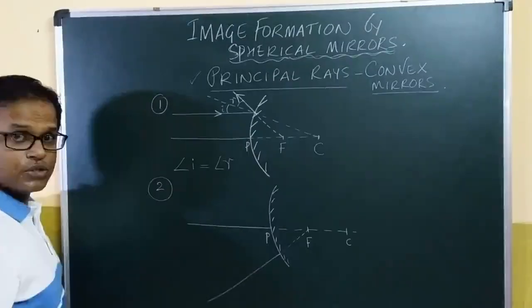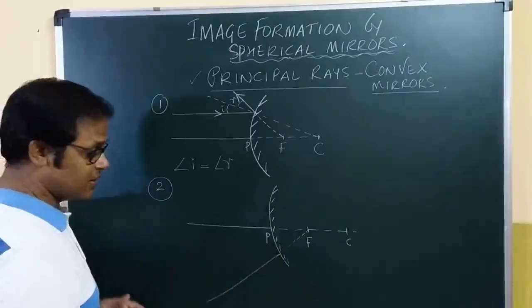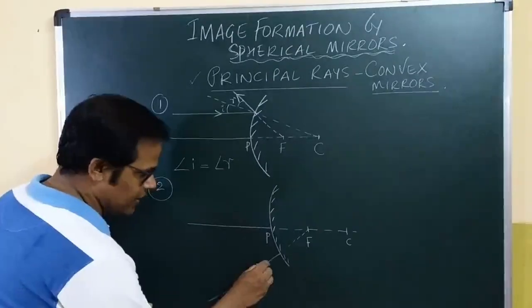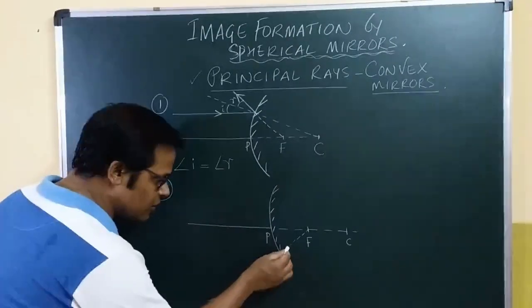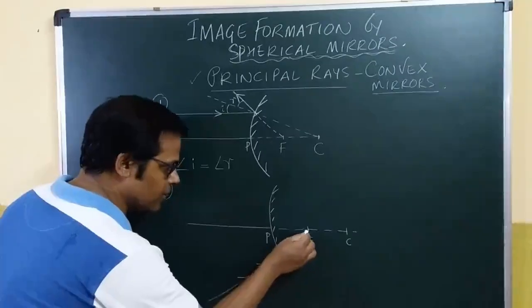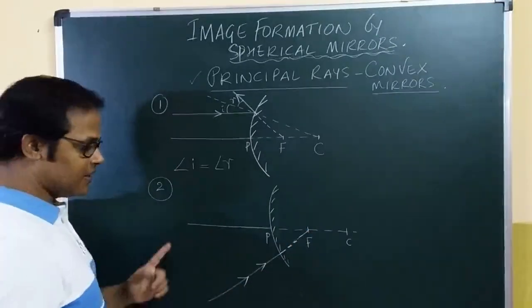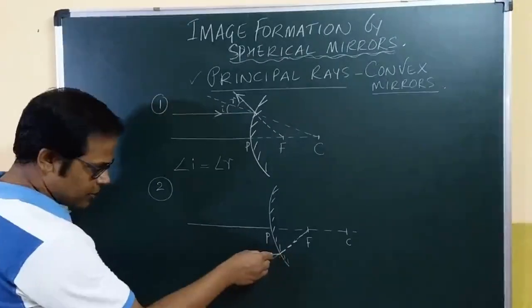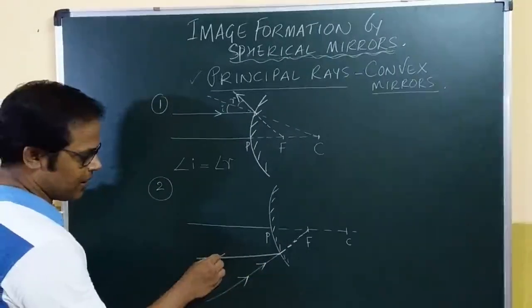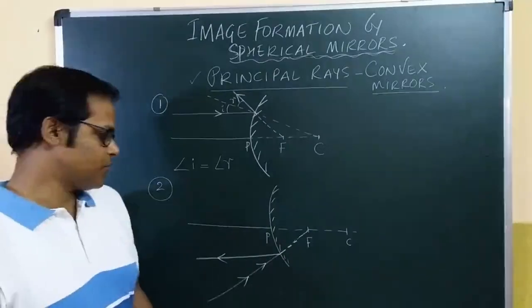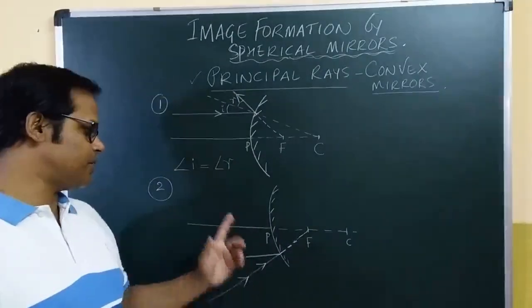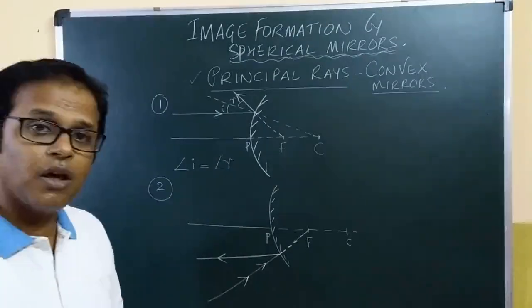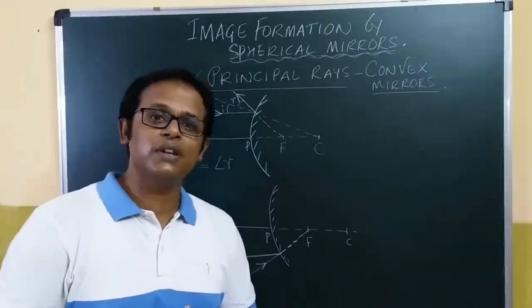Observe it closely. It's not coming this way. A ray of light is incident on the mirror in such a way that it is directed towards the focus of the mirror. In such a case, after reflection, the reflected ray emerges parallel to the principal axis. Just scroll down and watch both these diagrams. They are exactly opposite of each other, according to the principle of reversibility of light.